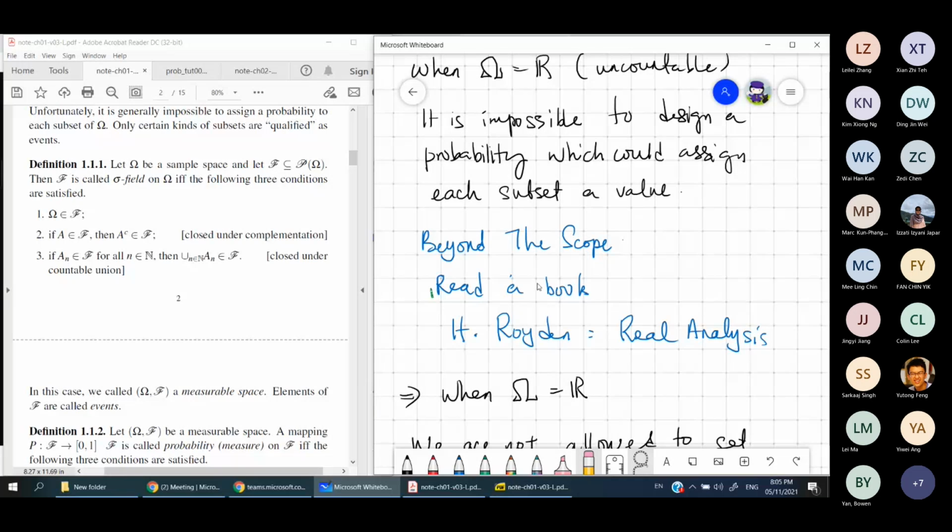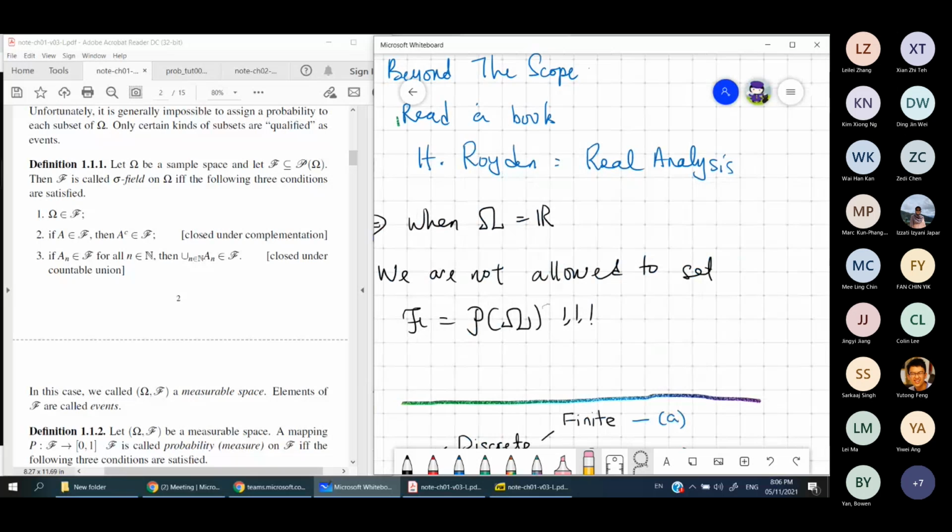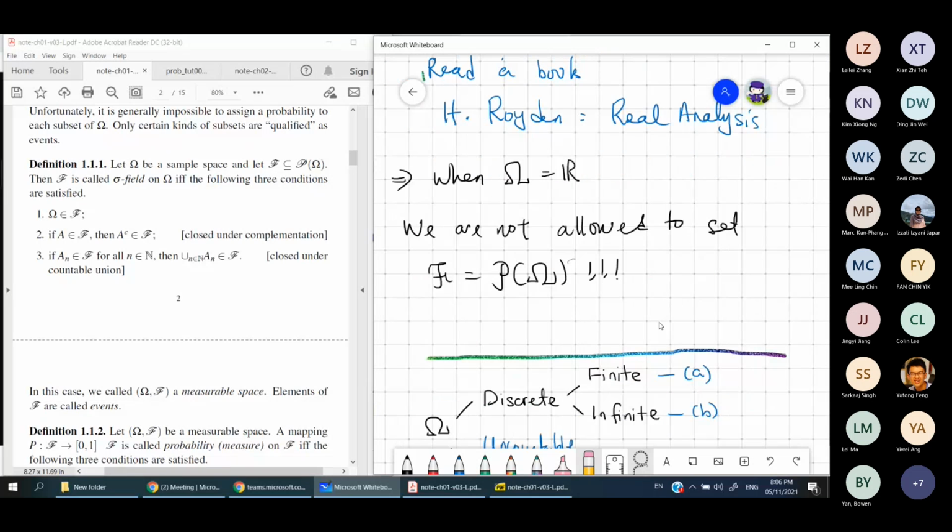This belongs to advanced real analysis. If you are interested in the proof, you may read these books, Royden's Real Analysis, under the topic we call Lebesgue measure and so on. We just accept this without proof.